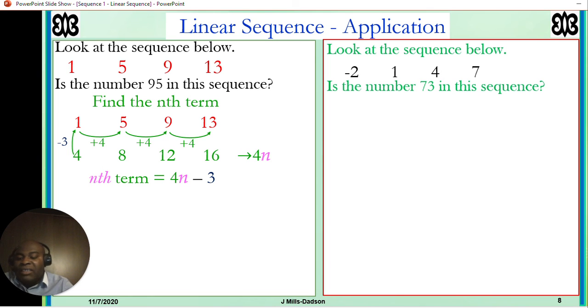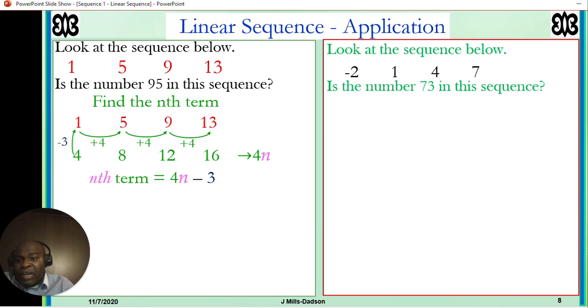There's nothing like the 4.7th term or 4.8 term or 4.5 term. It has to be exactly discrete numbers, distinct. So if 95 is in the sequence, when we form an equation and work for n, it should give us an integer, a proper whole number.